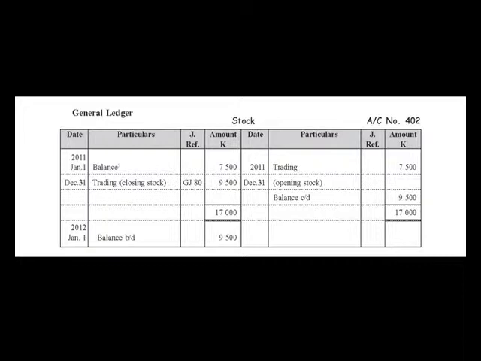Alternative method. Now look at the ledger accounts, stock account. Look at the question. It says 9,500 is the closing stock and the opening stock is 7,500. Balance 7,500 is the opening balance, opening stock.